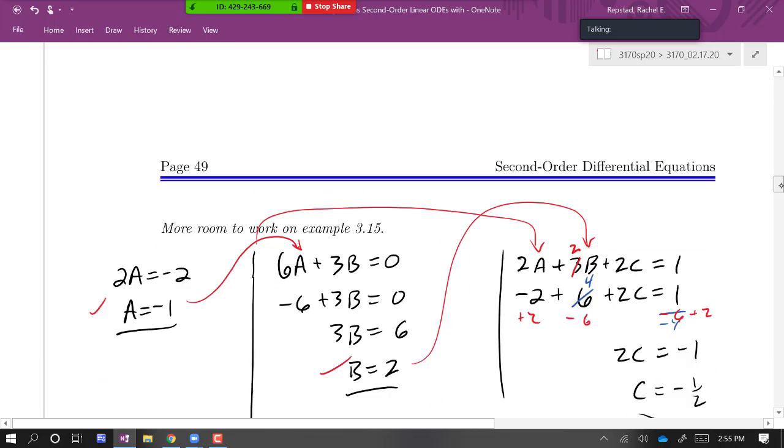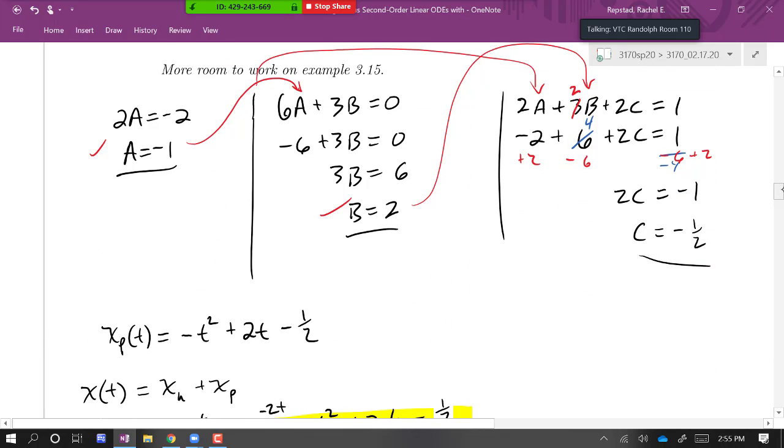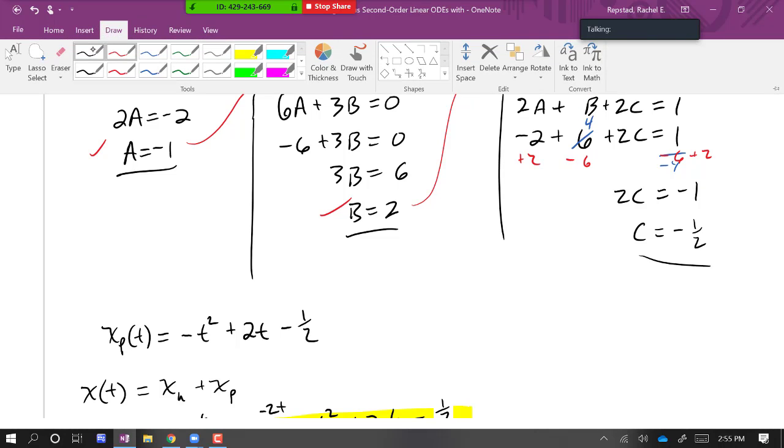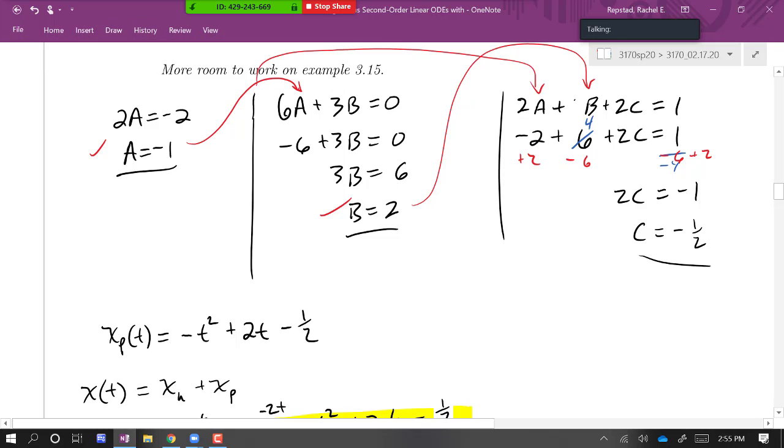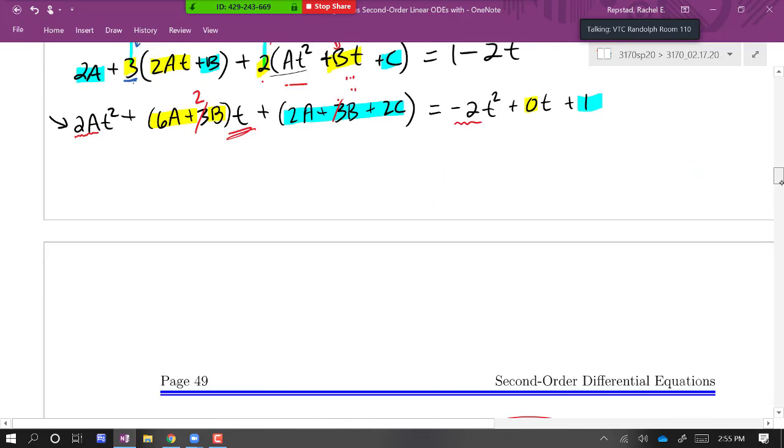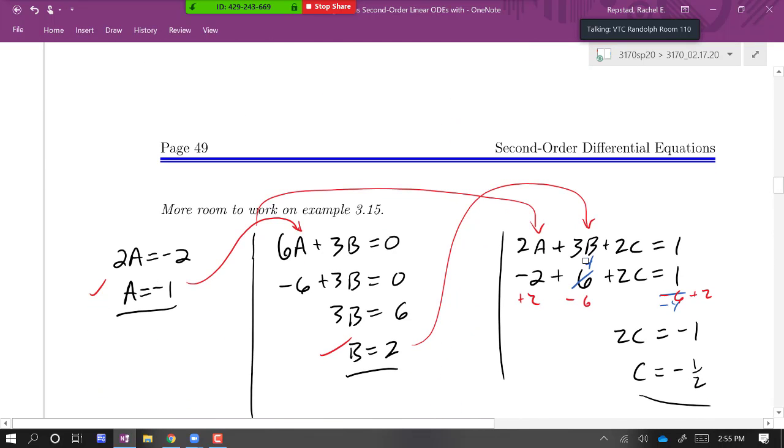So this will actually change. That is a 3b, right? And then this was a 2b. So the devil's in the details.